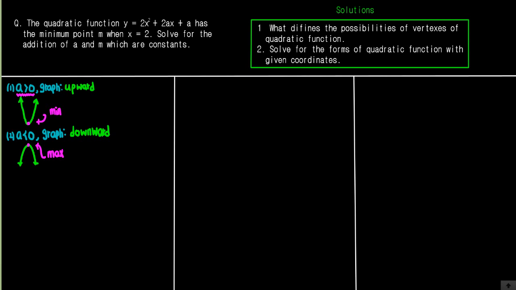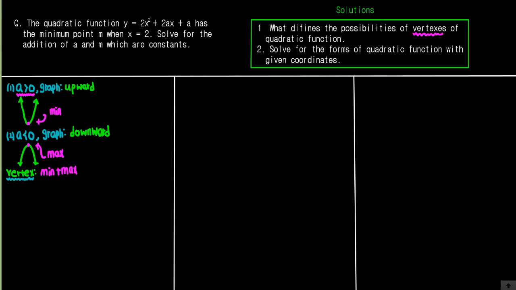If you think about the definition of the vertex of the function, the vertex of any function is defined as the combination of the possibilities of the minimum point and the maximum point, which means the maximum or the minimum points we can sum up as the vertex.